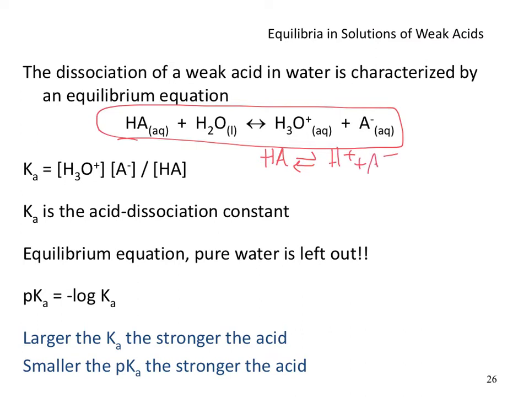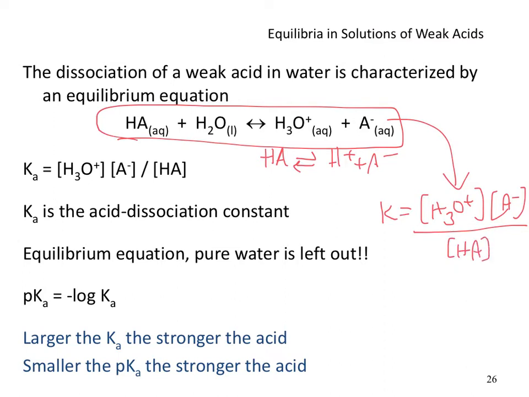If you had to write down the equilibrium constant for this reaction, you would say, well, K should be equal to hydronium ion times A negative divided by HA. You do not include water because it's a liquid.